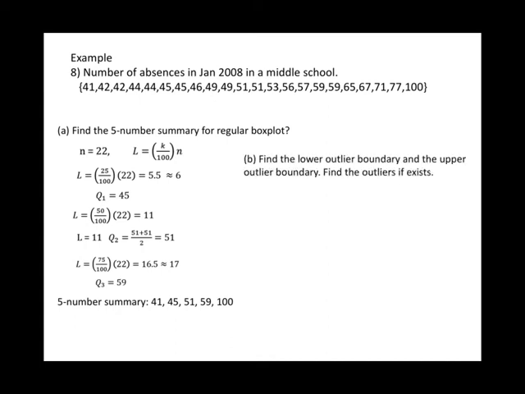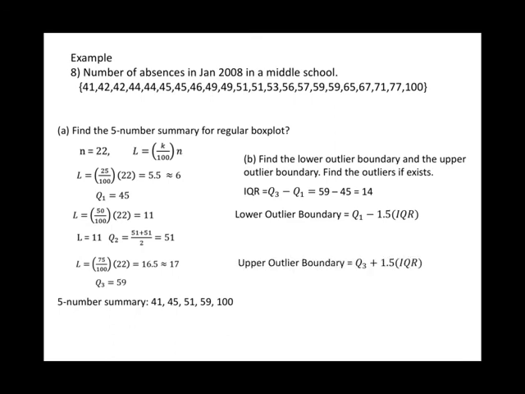B. Find the lower outlier boundary and the upper outlier boundary, and find the outlier if it exists. First, I want you to find the IQR. IQR equals Q3 minus Q1. You have the Q3 here, you have the Q1 here. You should get 14. Then use these 2 formulas to find the lower outlier boundary and the upper outlier boundary.